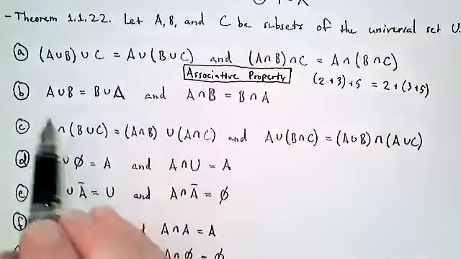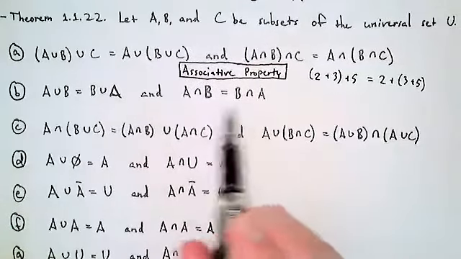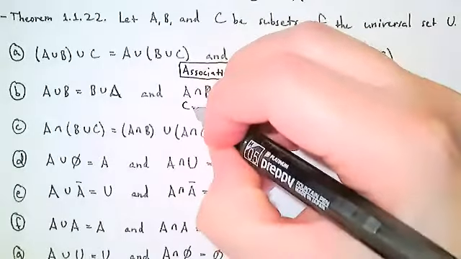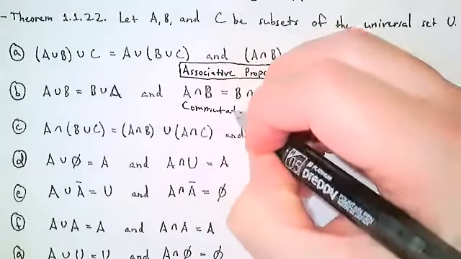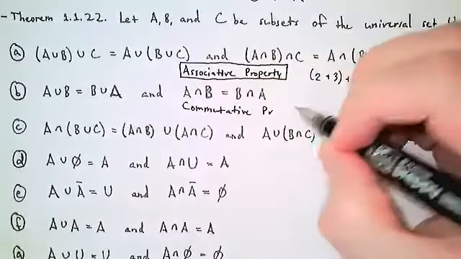We can move parentheses. So intersections and unions. Part B, this lets me change the order of things in a union, or I can change the order of things in an intersection. And we call this the commutative property. So commute for move.